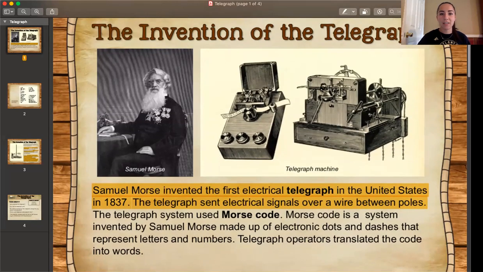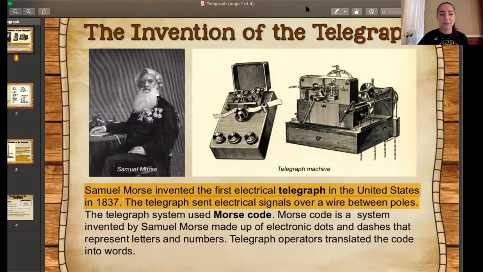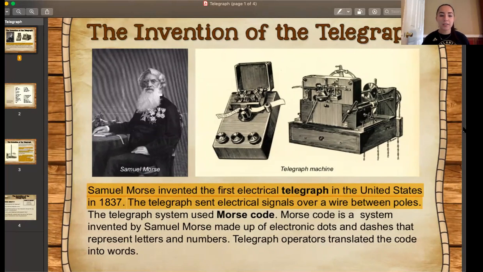All right, the invention of the telegraph. Samuel Morse invented the first electrical telegraph in the United States in 1837. I know right there the answer to the first question. Who invented the first telegraph? Samuel Morse. The telegraph sent electrical signals over a wire between poles.